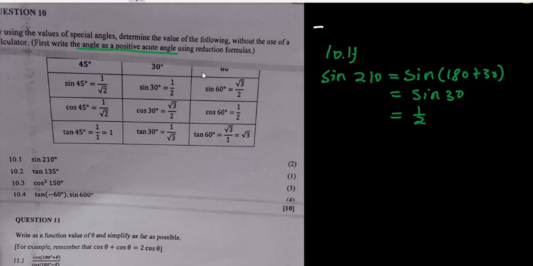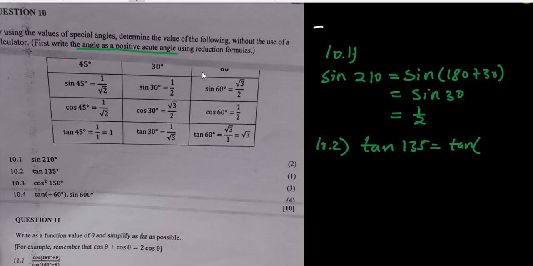So your answer there is going to be 1 over 2. Okay, 10.2, you have tangent 135. This one is going to be tangent, let's say 180 minus 135.